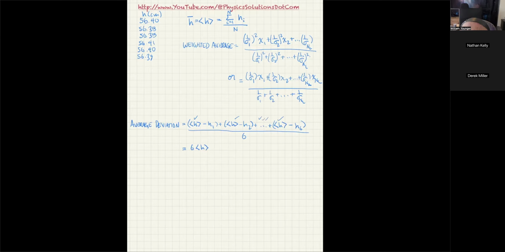That's divided by 6 because that's part of the fraction. But we also have a minus because each of the trial results is led by a negative. So I'll put a negative here. In this case, you're going to get H1 plus H2 plus dot dot dot plus on up to H6. And then, of course, you're going to divide that by 6 because that's the denominator that we have.